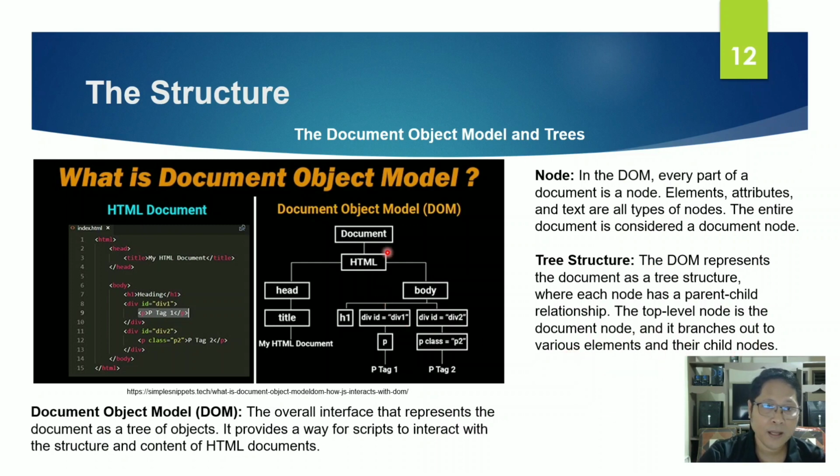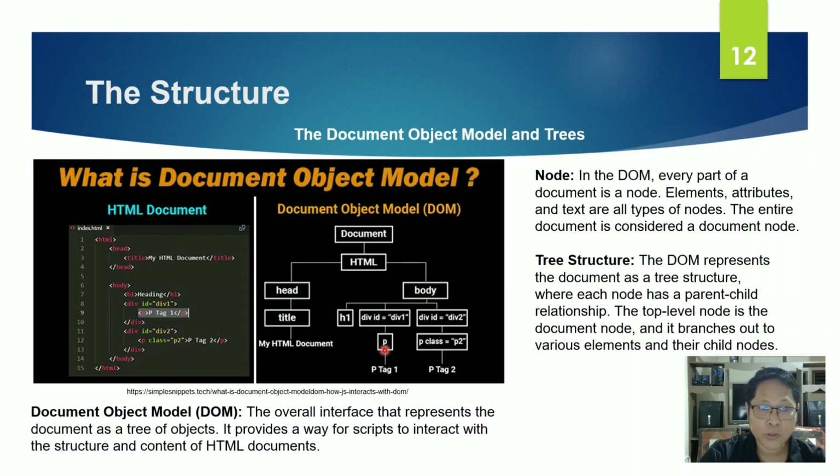Meaning, this is the document node, wherein the document here is the parent or the root, and the head, HTML and body are the direct children of the document, and the title here is the child of head. We also have the H1, div1, and div2, so they are all children of the body.